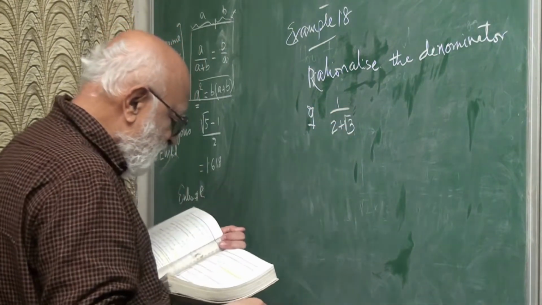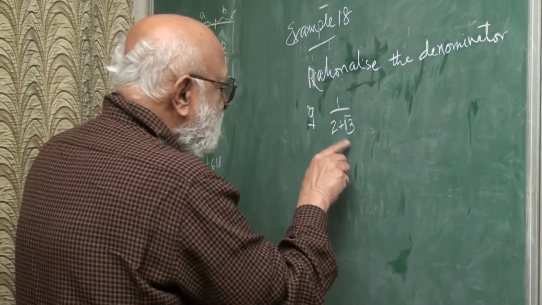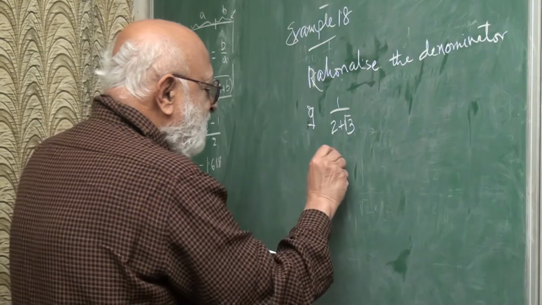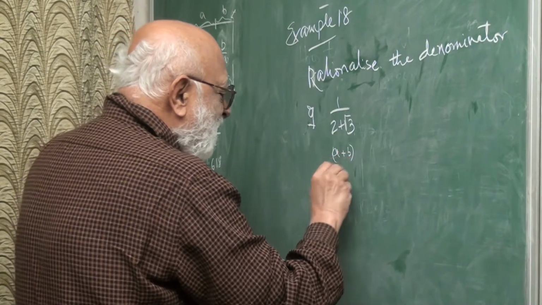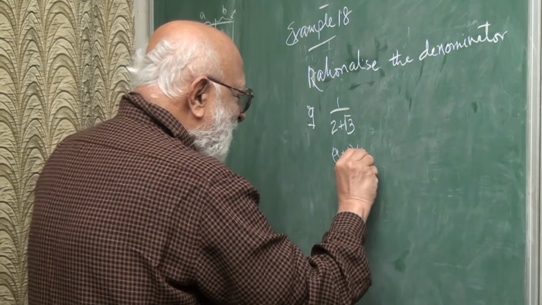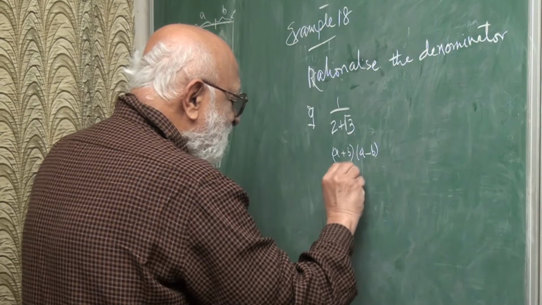Very easy. What do you do? So I will take a, I'll take b, I will multiply it by a minus b, so that I get a square minus b square.